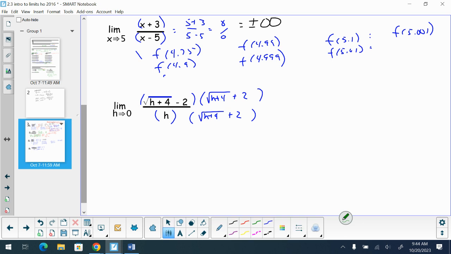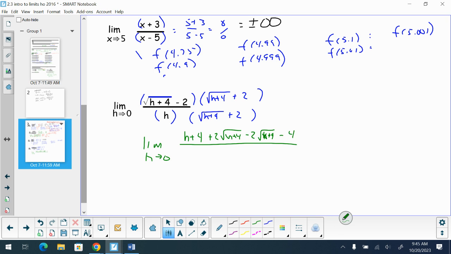So if we FOIL out the top, we get square root of h plus 4 times square root of h plus 4, which gives us h plus 4. We get a plus 2 square root of h plus 4. We get a minus 2 square root of h plus 4. Then we have a minus 4.